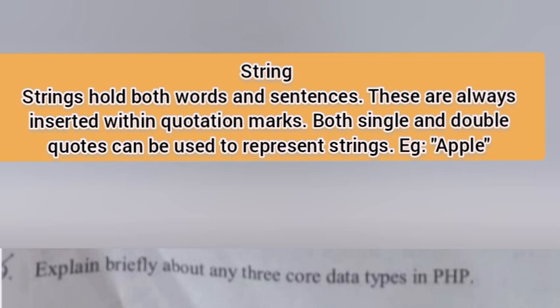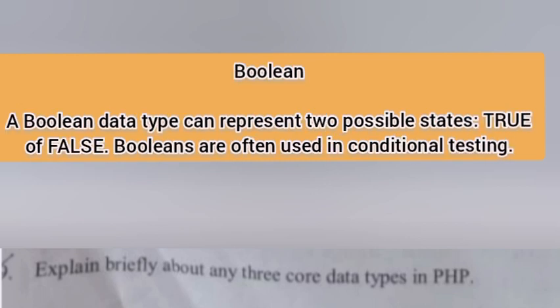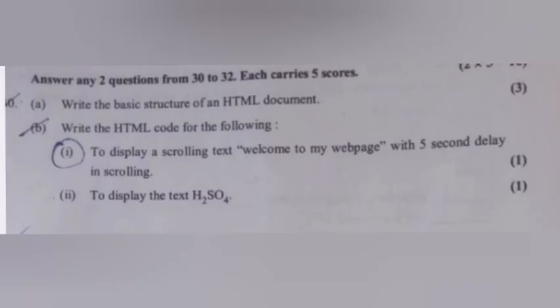Strings hold both words and sentences. These are always inserted within quotation marks. Both single and double quotes can be used to represent strings. Example: apple. 4. Boolean. A Boolean data type can represent two possible states, true or false. Booleans are often used in conditional testing. Write any three.